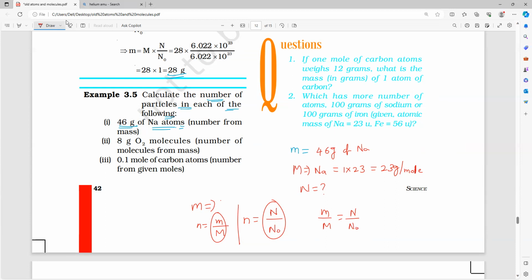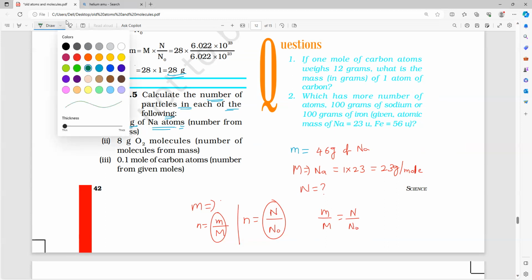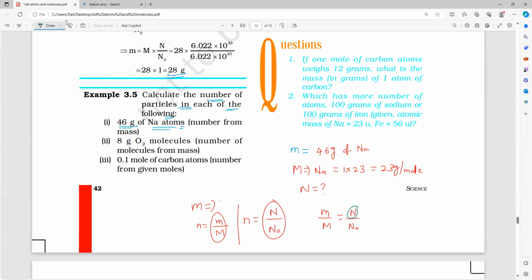Now we want the given particles. So capital M comes this side, and Avogadro number goes this side. So given particles is given mass divided by molar mass into Avogadro number. I hope you all catch the point. Everybody clear? That's all.